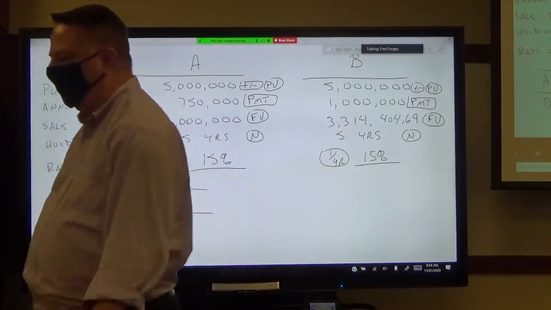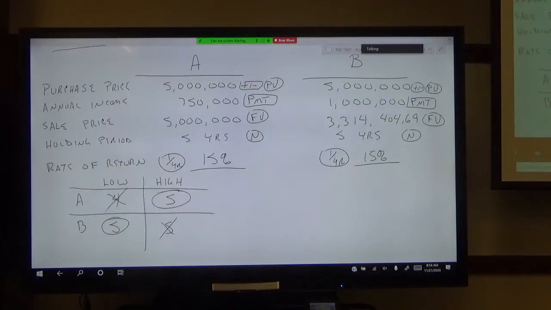Now, if you want to do nothing but simple math, ignore time value of money and just add the numbers each year.